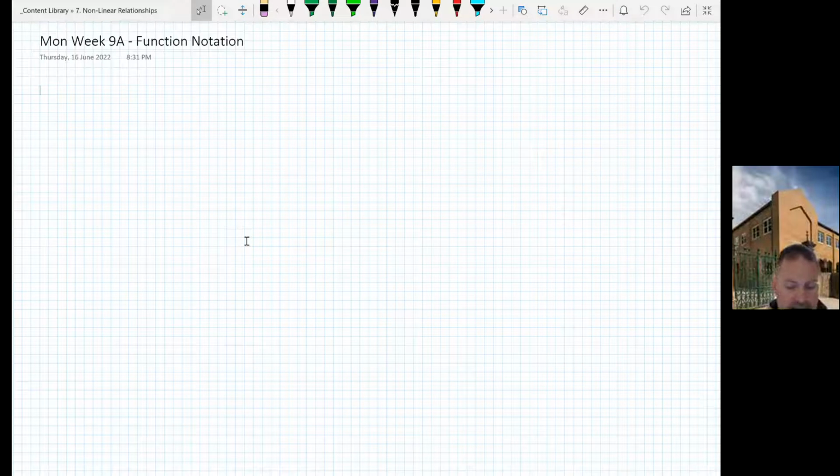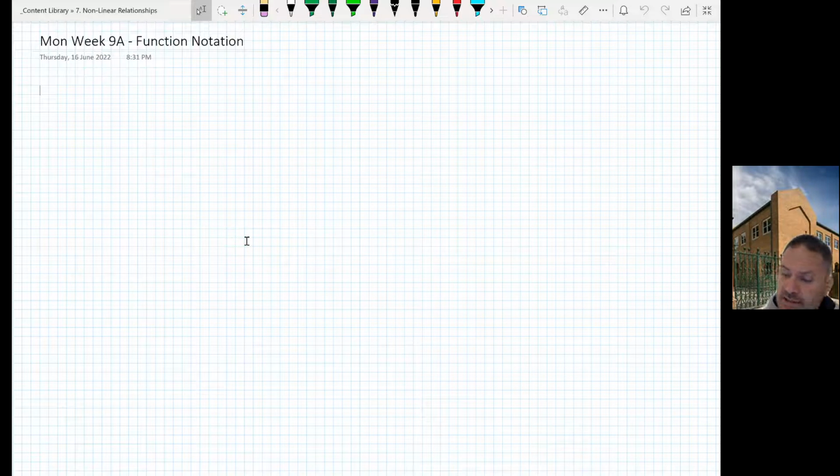Fingers crossed. Look, today we are going to be going through the next part of our non-linear relationships section. We've covered most of the work on quadratics, so now we need to move on to our functions.